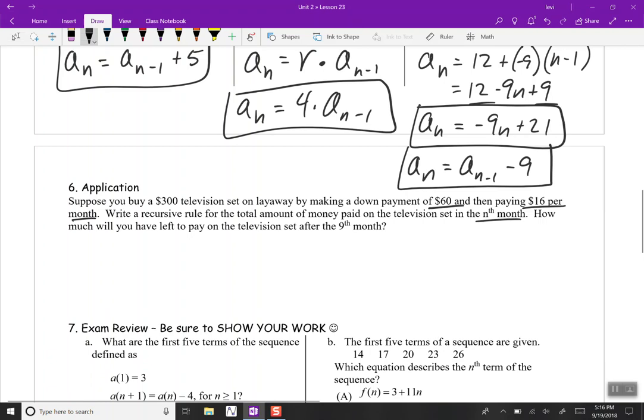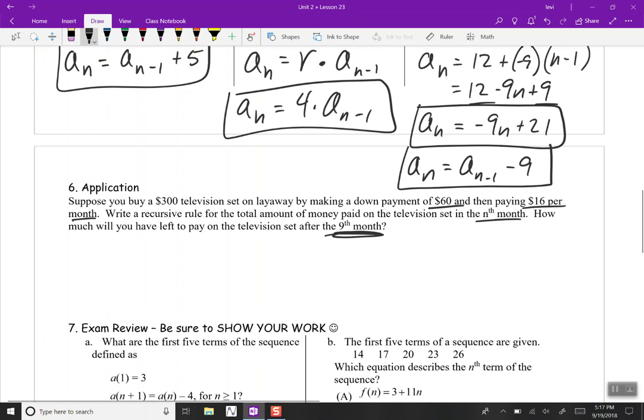So we're write a recursive rule in the amount of payment in the nth month. How much will you have left to pay on the television after 9th month?